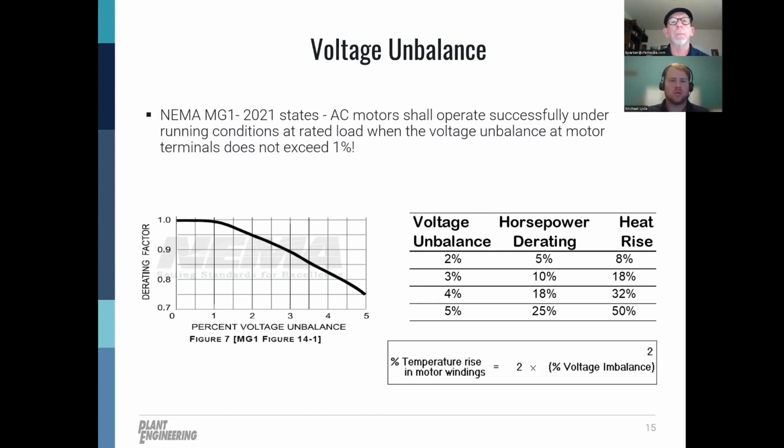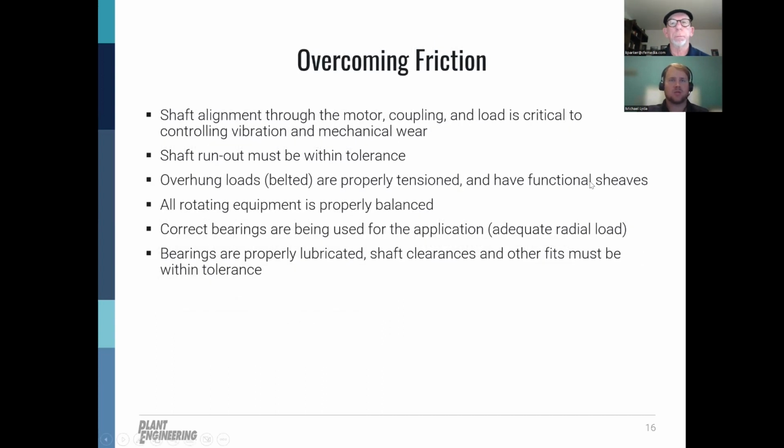Get a simple ohm meter, de-energize the motor, and measure each of those phase-to-phase winding resistances to verify if you have some level of imbalance coming from the resistance in the windings that may be leading to that current imbalance. But definitely the voltage imbalance will lead to high current imbalance. Current imbalance is going to lead to premature motor failures.